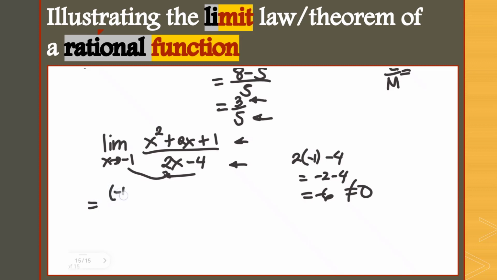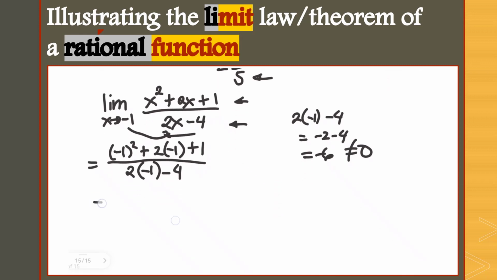So you have negative 1 squared plus 2 times negative 1 plus 1. By the way, this is direct substitution for our numerator polynomial function. We already have a limit theorem for polynomial functions as well. Please take a review of that. Over 2 times negative 1 minus 4. By the way, these limit theorems are provided in such a way that you can come up with a process where it's okay to substitute as the steps go by, because we are just dealing with these types of functions.